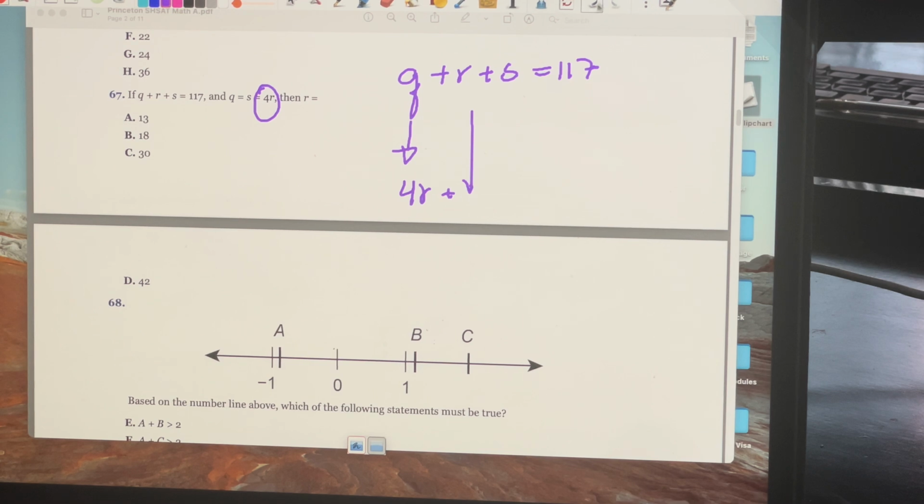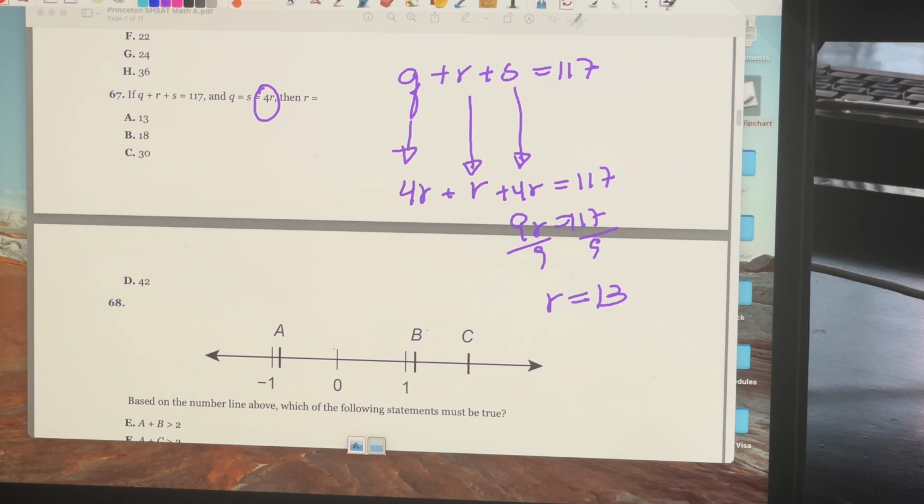R stays as R, and S I'm going to change to 4R. Well, now it's just combine like terms. 4 plus 4 plus 1 is 9R equals 117. Divide both sides by 9. And R equals 13, which is A.